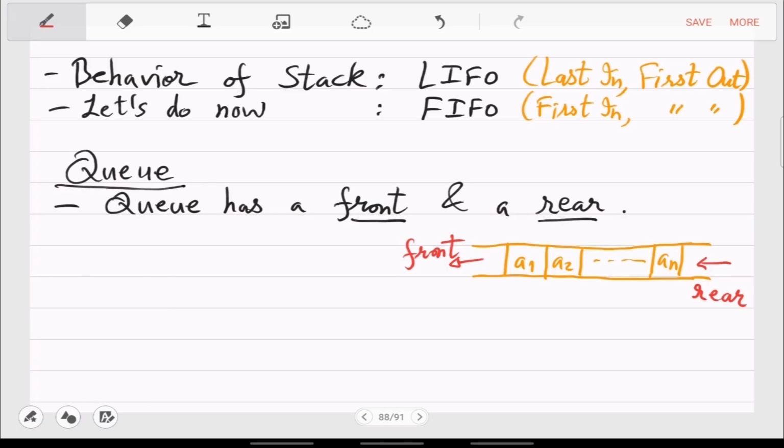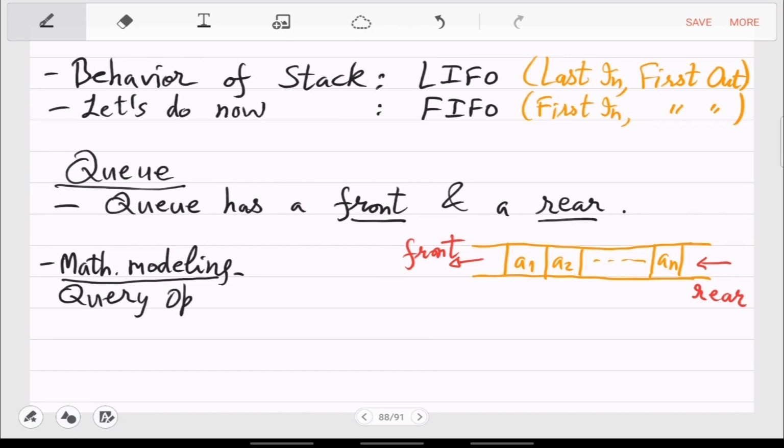So for this we have to first see what is the mathematical modeling, what is allowed and what is not available. So amongst query operations, the only thing that is available is looking at the front.